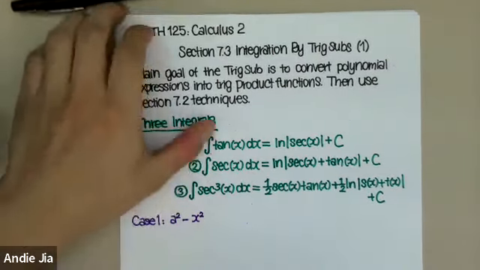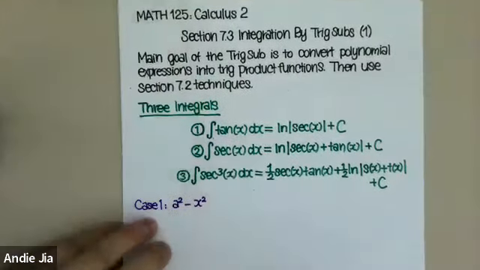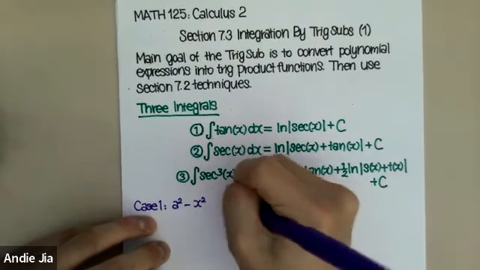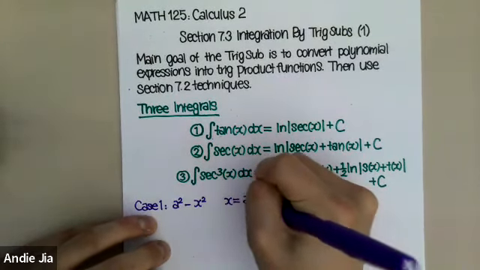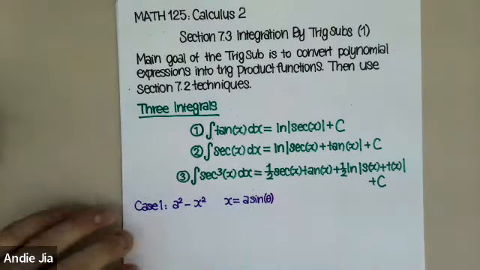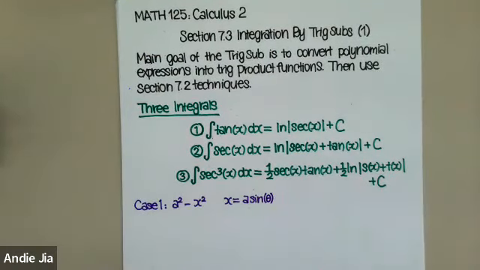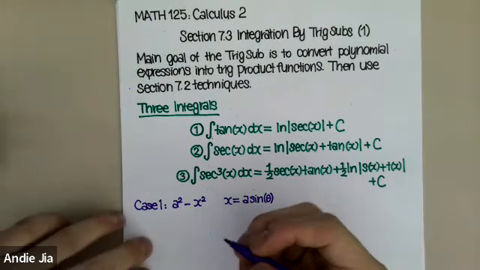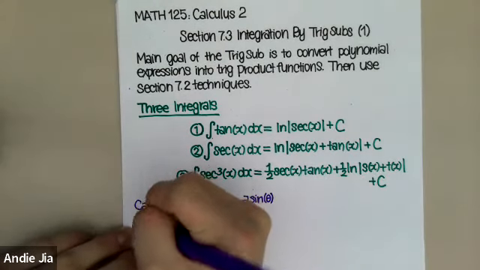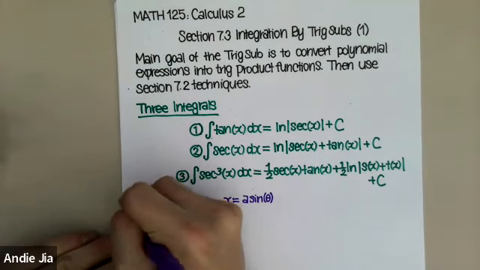In this case, the way we do it is to set x equal to a sine of theta, and then we produce a new integral. Let's try an example.